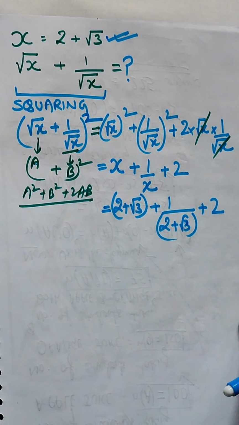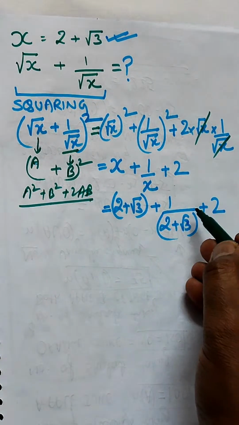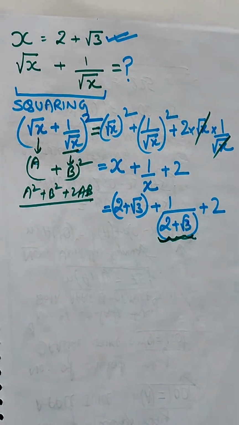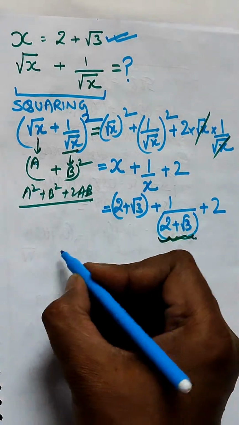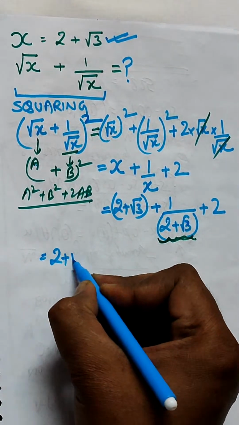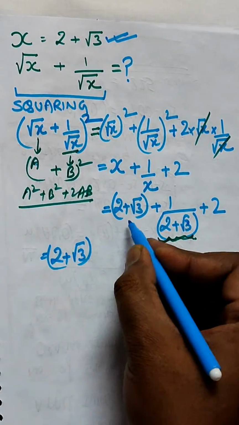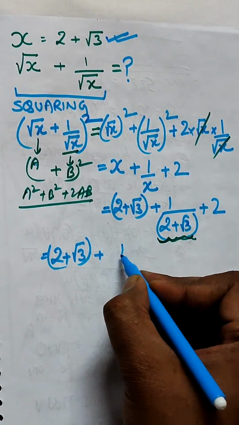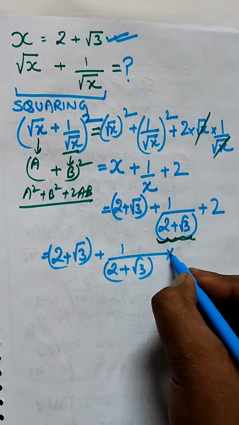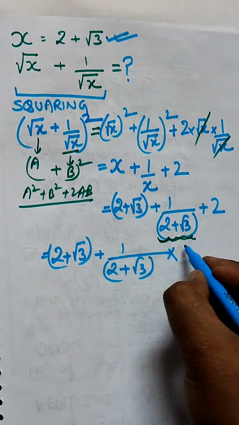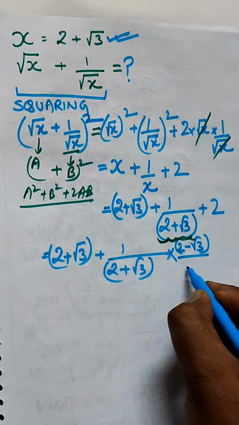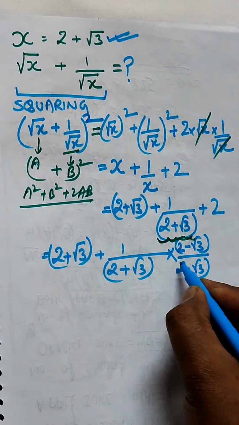Okay, now just rationalize the term which is in the denominator of the second term. So we will have 2 plus root 3, the first term, plus 1 by 2 plus root 3, and when we rationalize it, we are multiplying by 2 minus root 3 in the numerator and denominator.